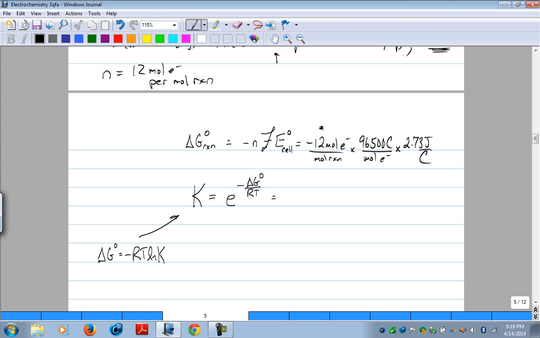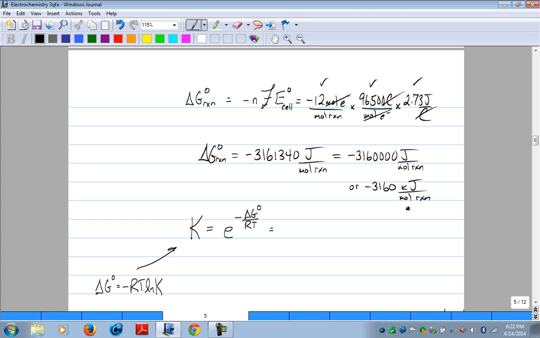Plugging in the values with units, 12 for N, the Faraday unit, and the E standard cell, we get a delta G standard for the reaction of -3,161,340 joules per mole of reaction, which to 3 sig figs works out to be -3.16 million joules per mole of reaction. And the trivial conversion to kilojoules will put it into less scary numbers.